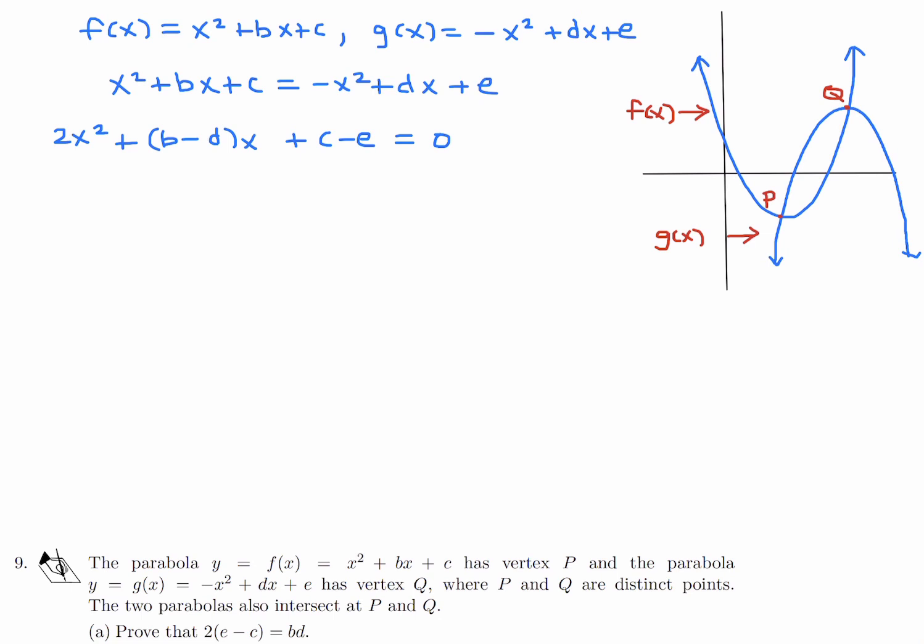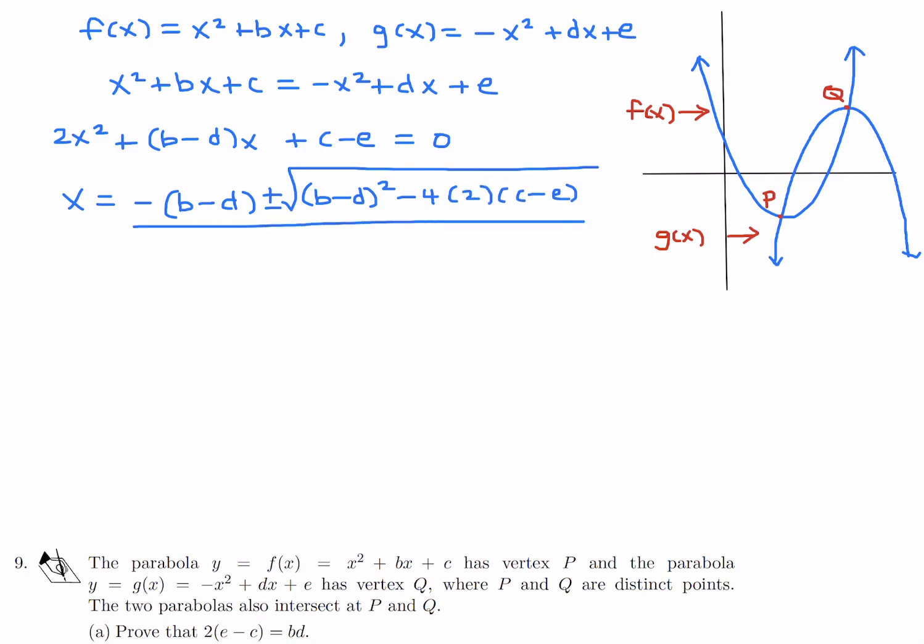This is a quadratic, correct? And like any quadratic, use the quadratic formula. X is equal to minus b, plus or minus the square root of b squared minus 4ac, all over 2a. All right, that's it. That's the first part.